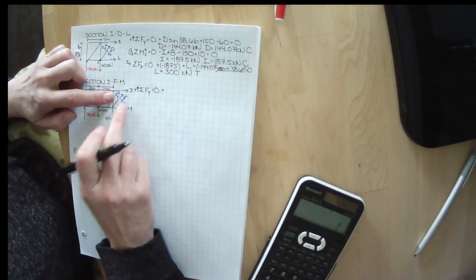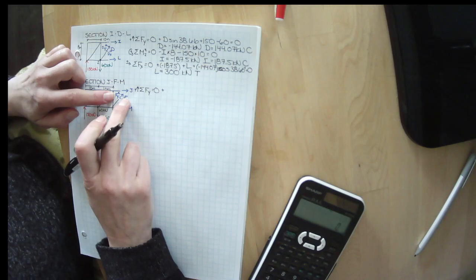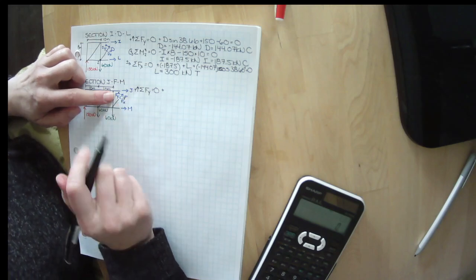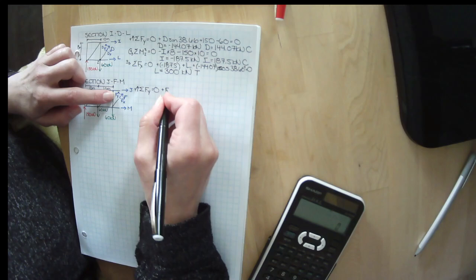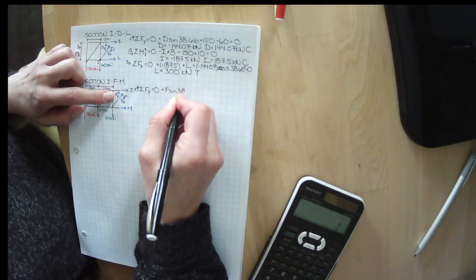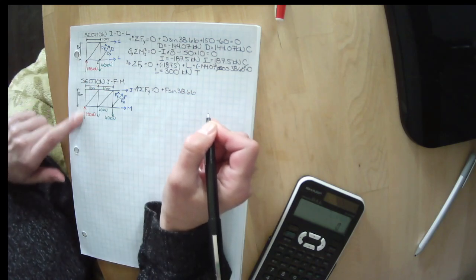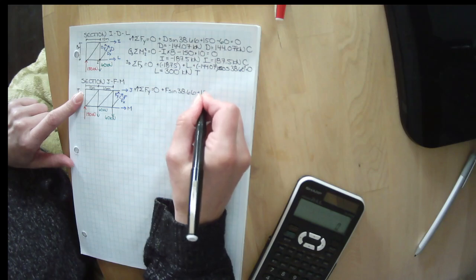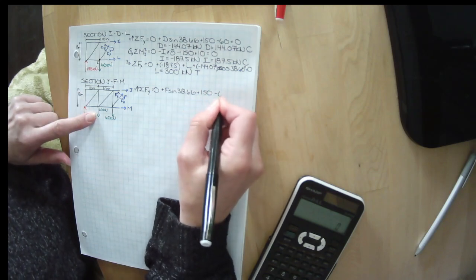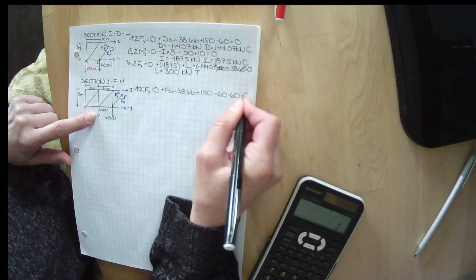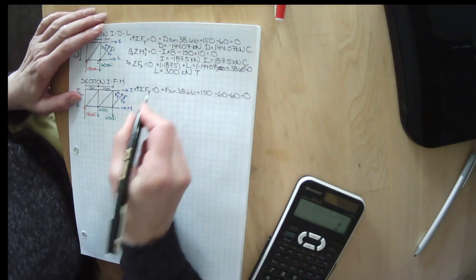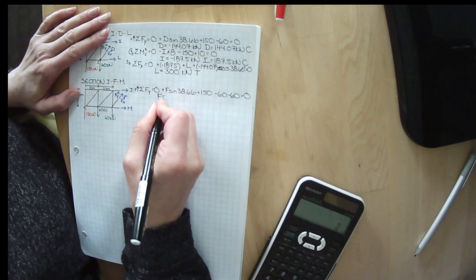We know that Fy is F times the sine of 38.66. So plus F times the sine of 38.66. We have plus 150 minus 60 minus 60. We can solve for F.